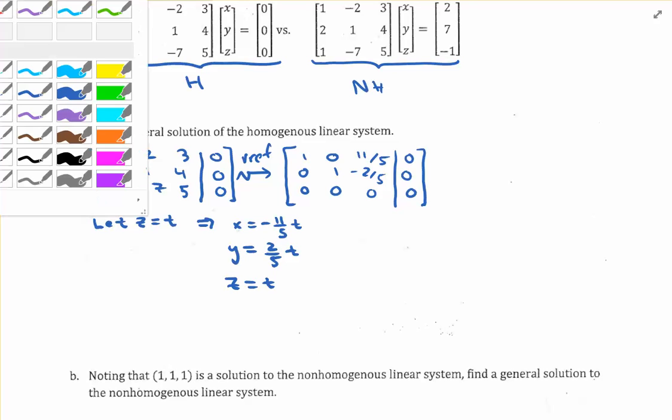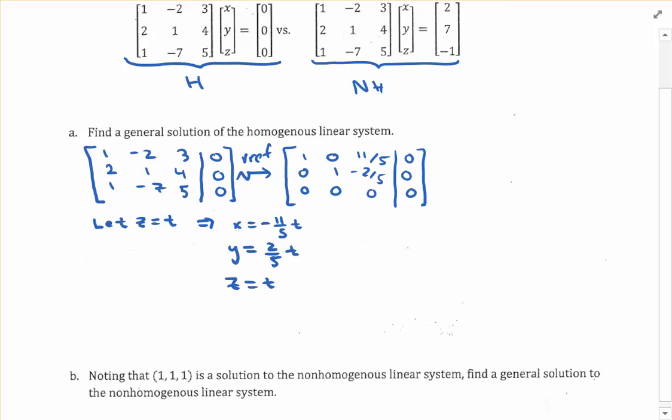Last thing to do is to write the set of parametric equations in an ordered triple format. So the first component of the ordered triple, or solution vector I should say, is the parametric equation for x, which is -11 fifths t.